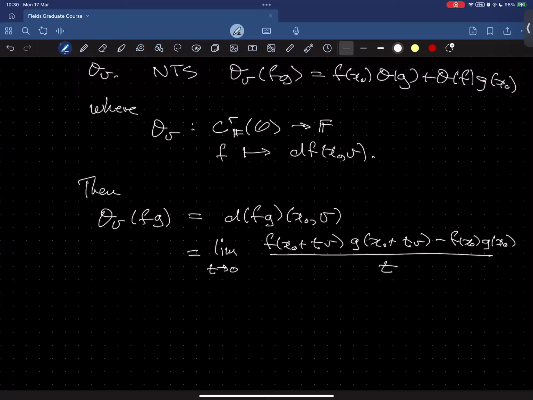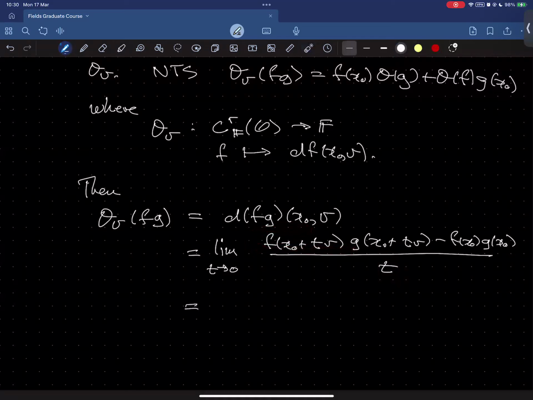Okay, but now I know that this is a function, so the whole point of taking directional derivatives is that you now are working just with things which depend on a single variable, namely the variable t. And I know that functions of a single variable satisfy the product rule.